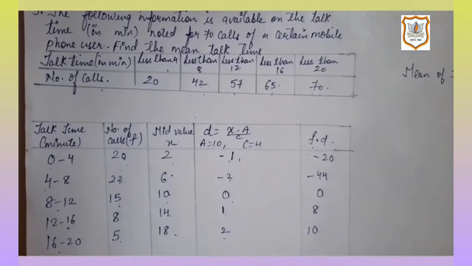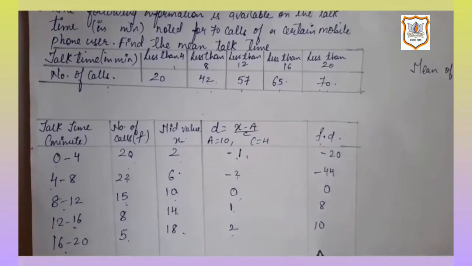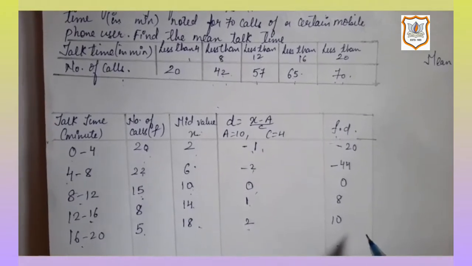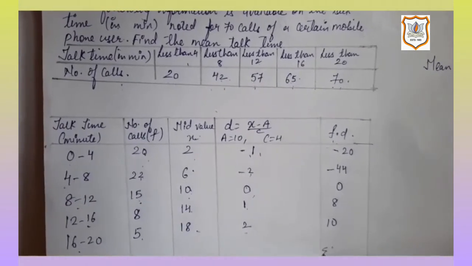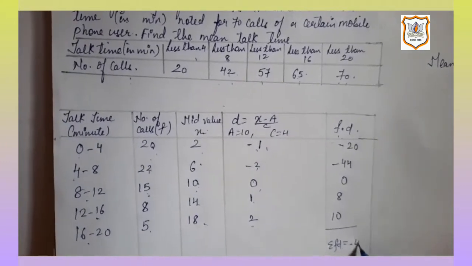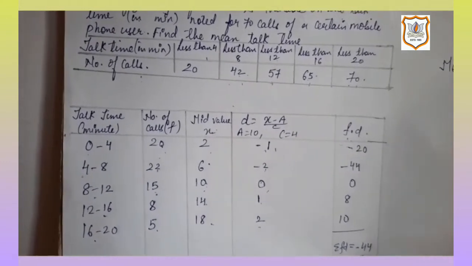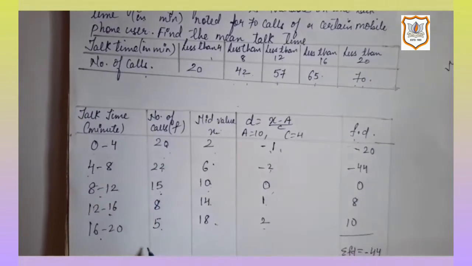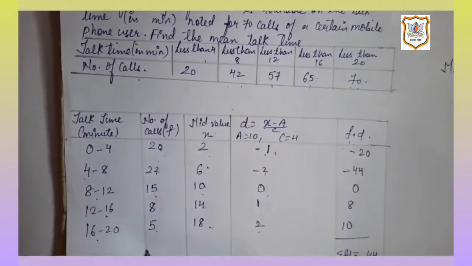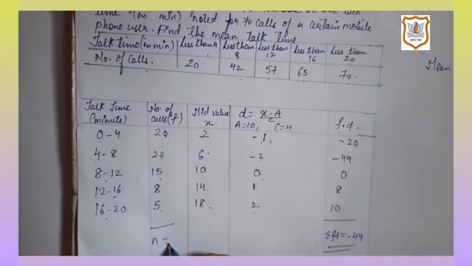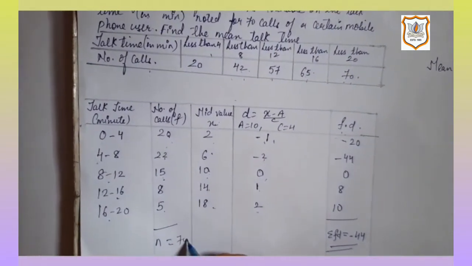Now we are going to find sigma fd, that means the sum of all these numbers. Sigma fd is equal to negative 44. And we are also going to take out the total of frequency, that means n. n is equal to 70.